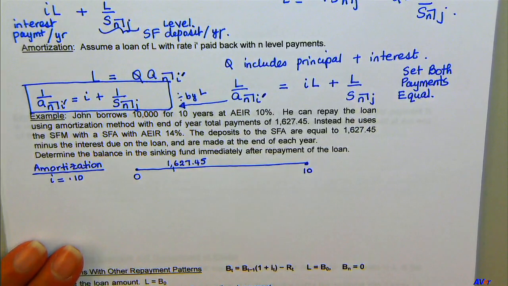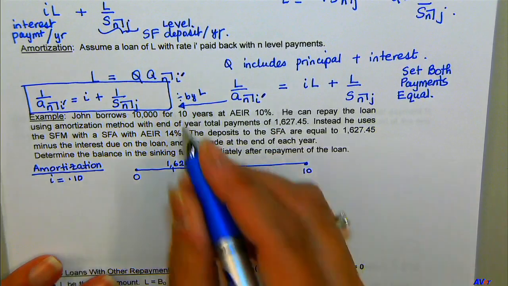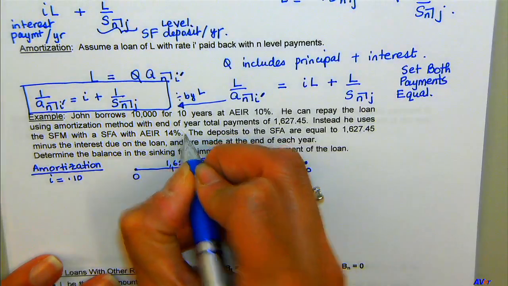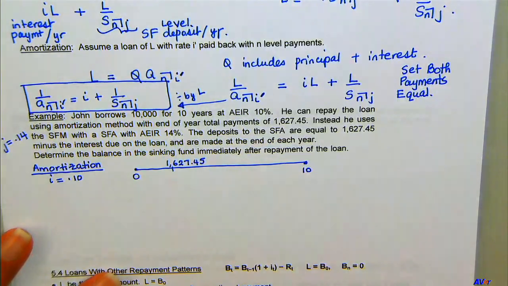Instead, he uses the sinking fund method with a sinking fund account with annual effective interest rate 14%. So J equals 14%. That's J. The deposits to the sinking fund account are equal to 1627.45 minus the interest due on the loan and are made at the end of each year.